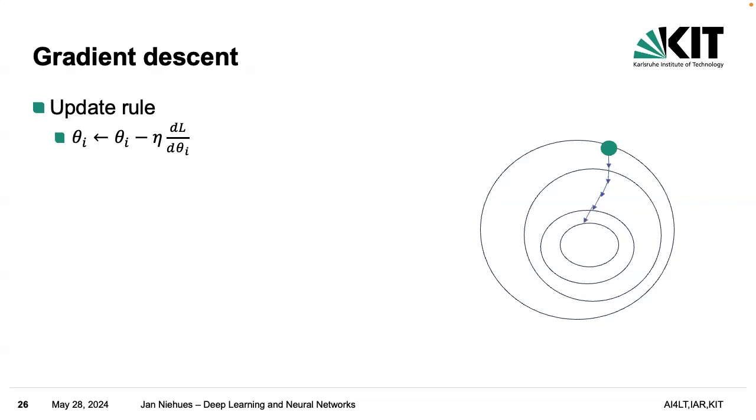And hopefully then we'll end up in some small value. So this update, the basic idea is very easy. Just take your old values, you look into which direction your gradient is showing, and then you're going in the inverse direction. That's why there's a minus, because the gradient is showing to the maximum. We want to go to the minimum, so we're going in the inverse direction, and that you're doing all the time.